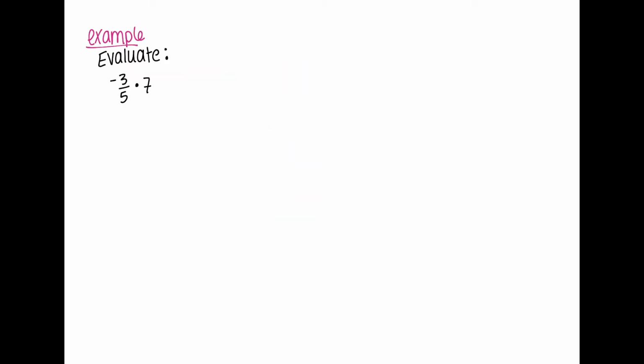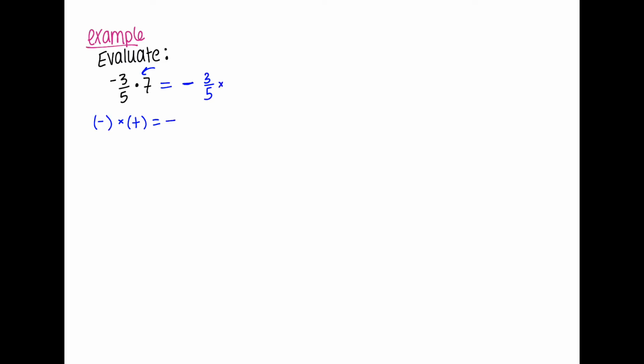-3/5 times 7. So we have a negative times a positive. We know that 7 is positive because there's no negative sign in front of it. If it was -3/5 times -7, that would mean we had two negatives, but there's no negative sign there, so it's positive. A negative times a positive is going to give us a negative. That means our answer is going to be negative. I'm going to put that negative sign out front, just like it already is.